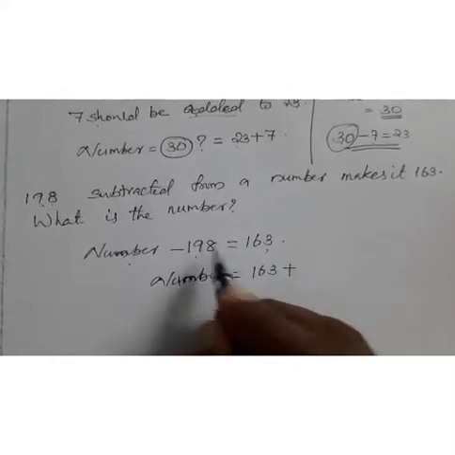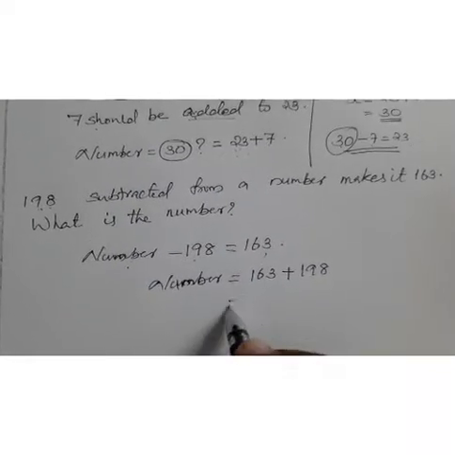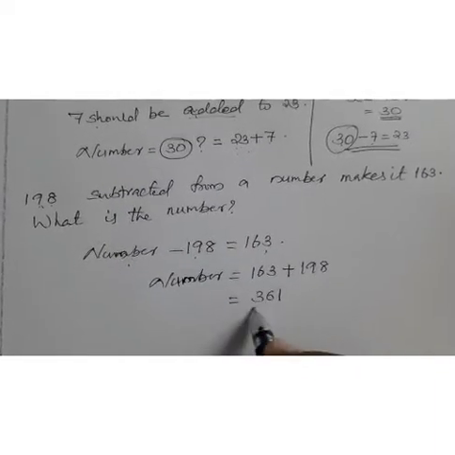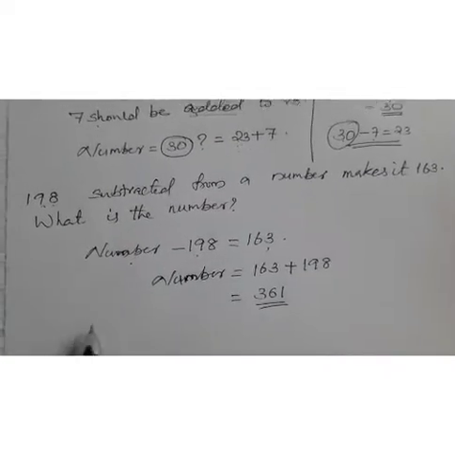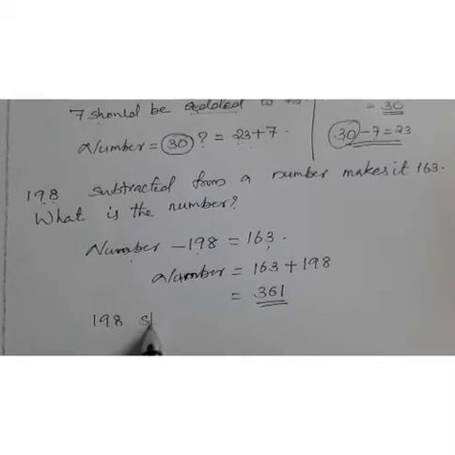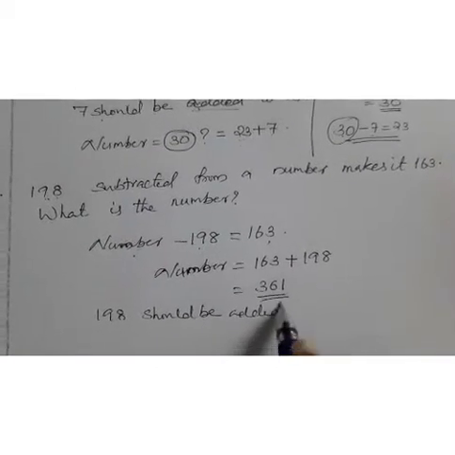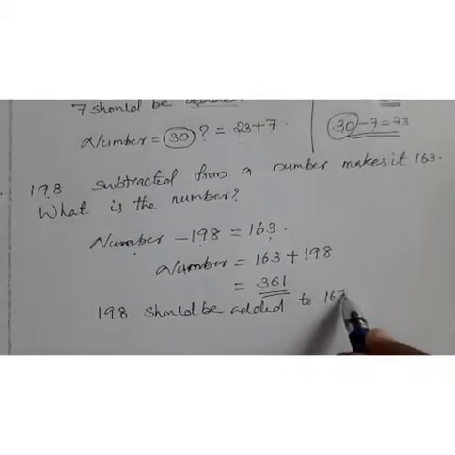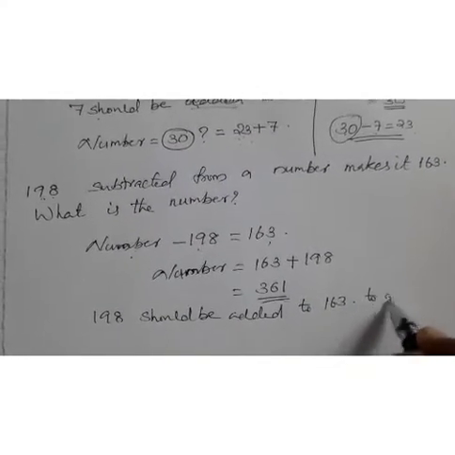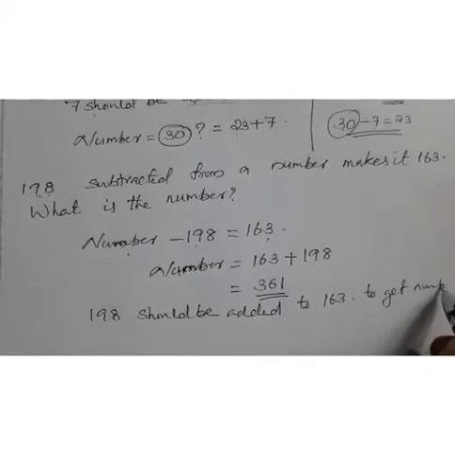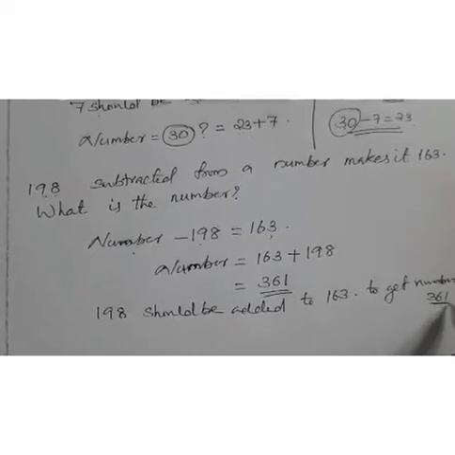163 is added with 198. How much are you getting? 361. So 198 should be added to 163 to get the number as 361.